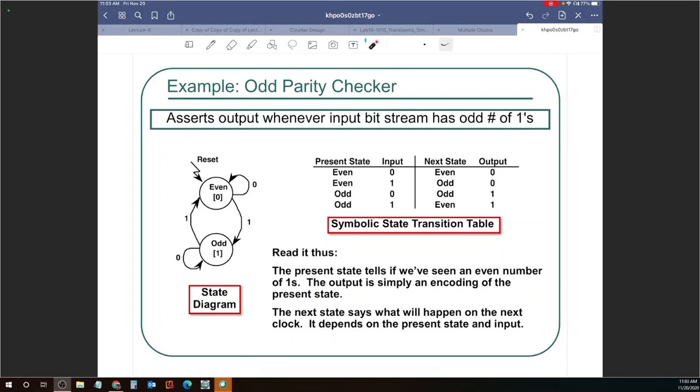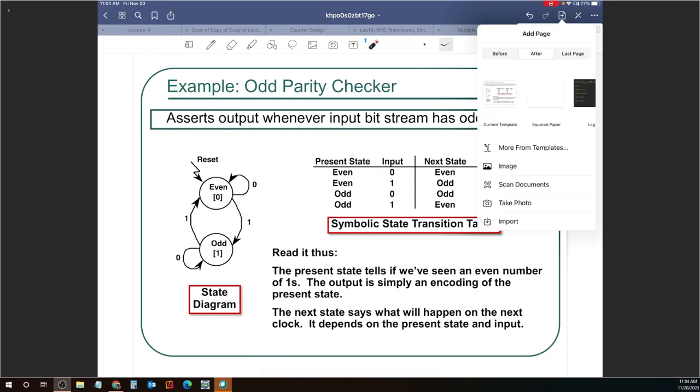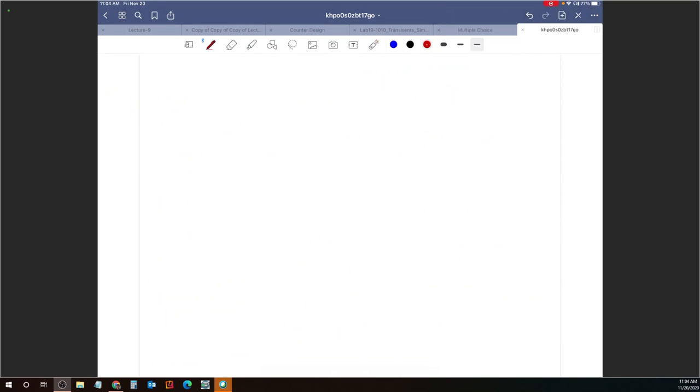So what we want our finite state machine to do is to assert the output. In other words, make the output 1 whenever the input bit stream has odd number of ones. So imagine a bit stream coming in, and this is kind of important, you guys. Let me take an arbitrary bit stream here.